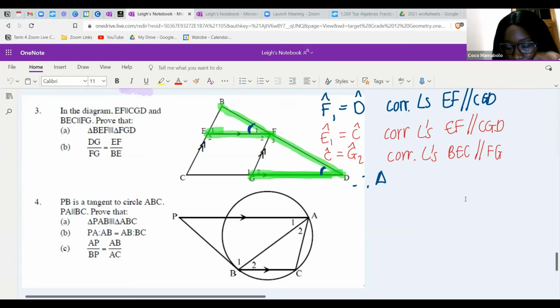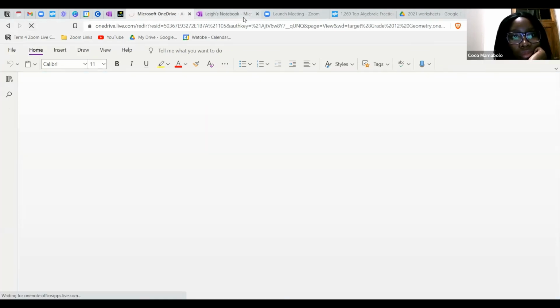BE over FG equals EF over GD equals BF over FD.